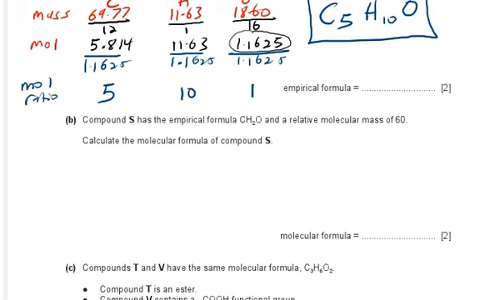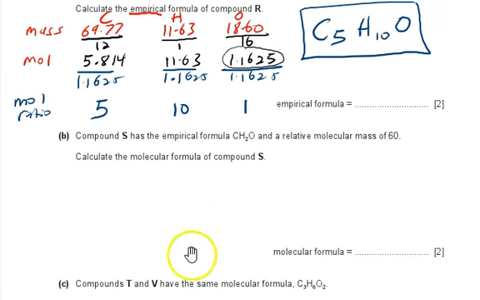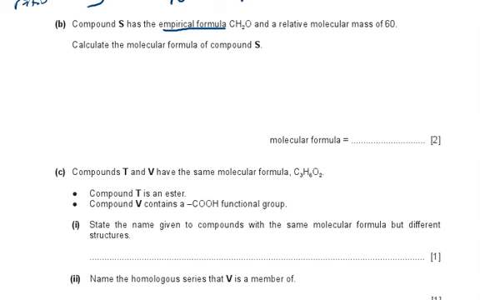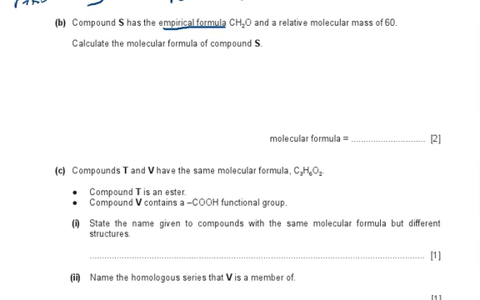Okay, compound S has an empirical formula of this. So it's a different question, so I can scroll down. It has an empirical formula of CH2O and a relative molecular mass, the actual mass, which is 60, and they're asking for the molecular formula.